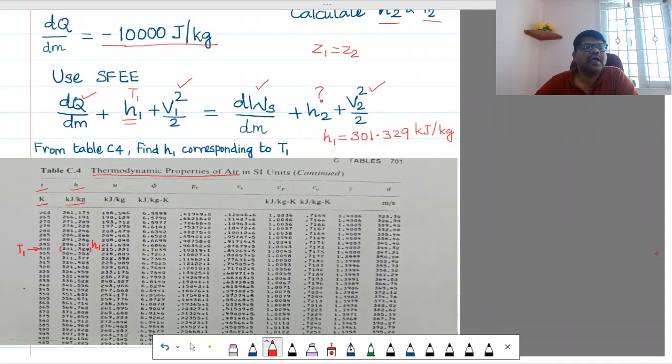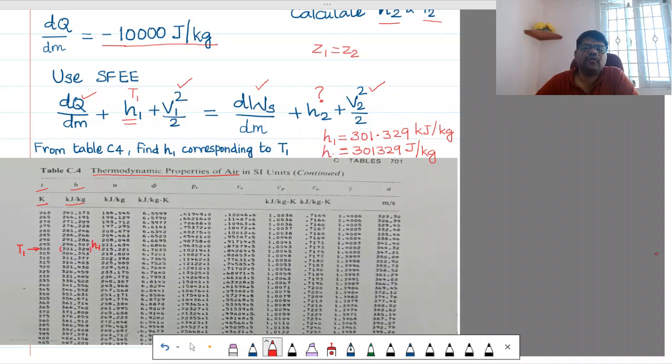Since the values of dq by dm and dWs by dm are given in terms of joule per kg, I can convert the value of H1 so as to get the unit as joule per kg. So to convert kilojoule to joule, I multiply by 1000.